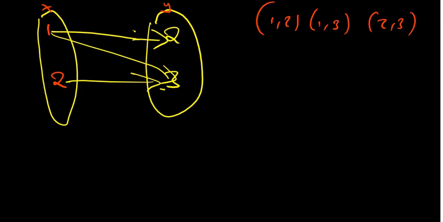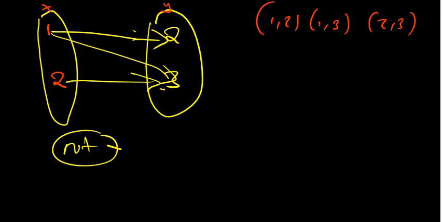That is just okay. But it is not possible to have two values of y mapping to one value of x. So as we can see here, we cannot call this one a function because 1 is having two outputs. It's not possible that an input value can have two output values. So we are going to say that this is not a function.